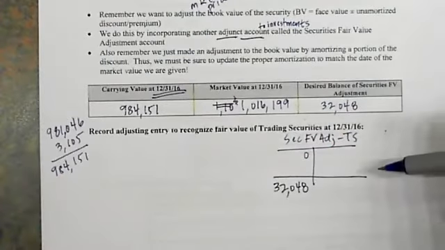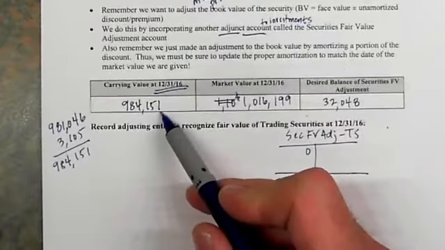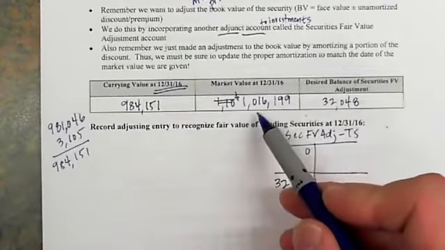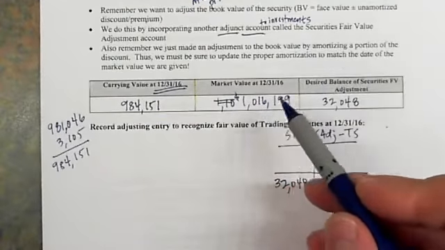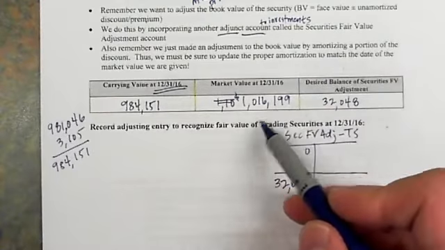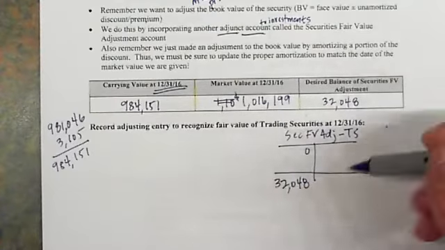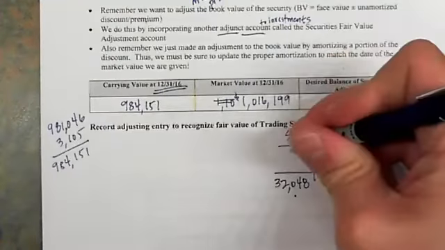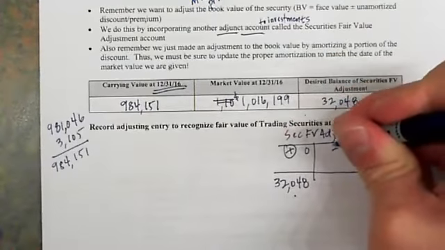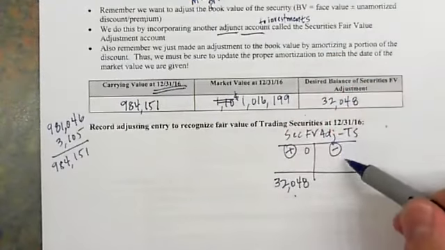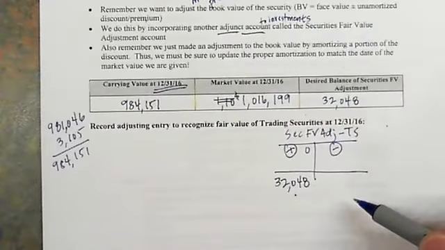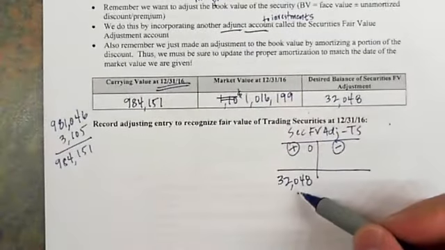We want it to be a credit balance because we're trying to take the carrying value from where it is up to $1,016,199. Because we want to increase the carrying value, this has to be a debit, because remember, since this is an adjunct asset account, debits increase it, credit balances decrease it. So we need a debit balance.